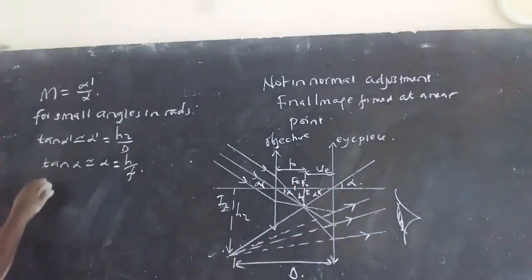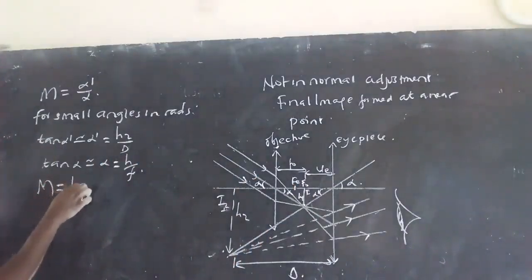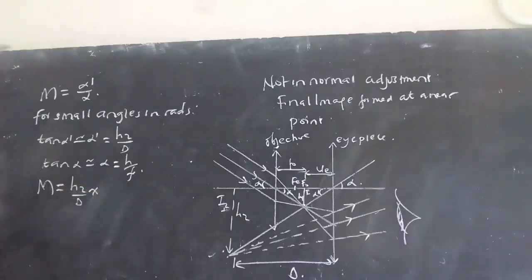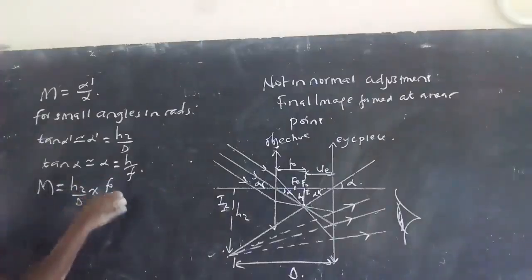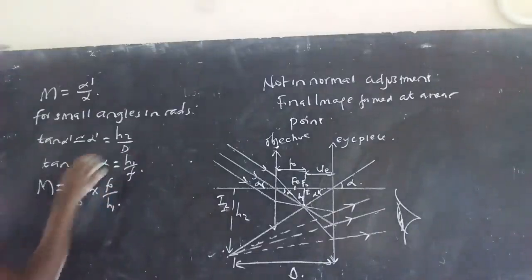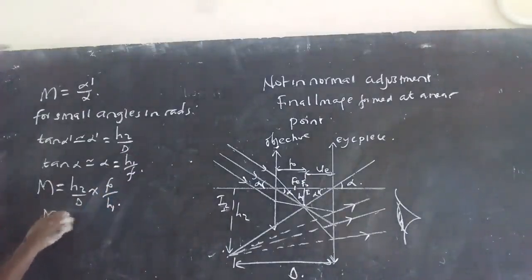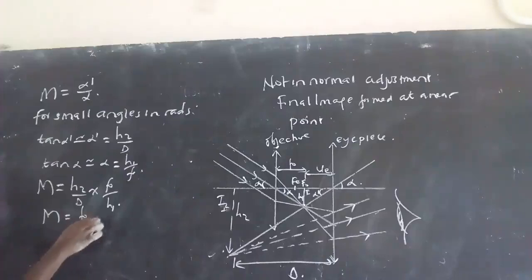So magnifying power will become H2 over D times F0 over H1. So magnifying power will become F0 over D times H2 over H1.